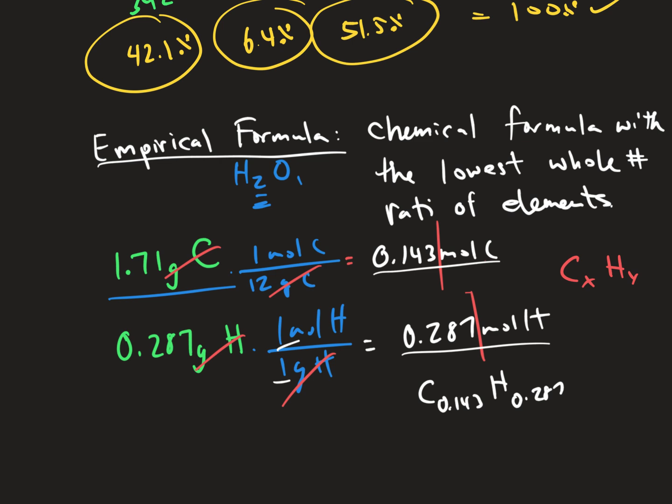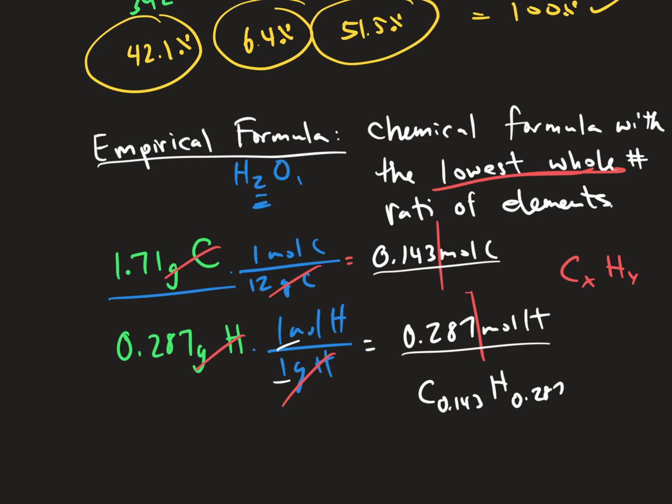She said 1, okay? We want to make this the lowest whole number ratio. What's the lowest whole number? Well, that's not 0, right? Because if it was 0, then there'd be 0 of that, and that doesn't make any sense, right? So the lowest whole number is 1.